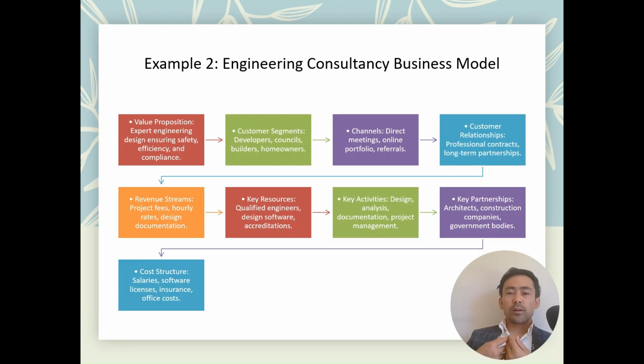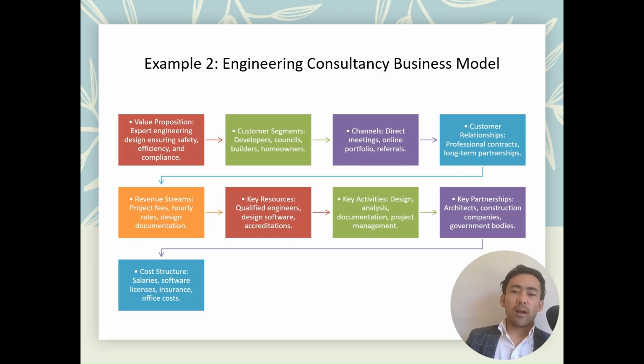The customer relationships that an engineering firm would have are, of course, professional contracts. There could be long-term partnerships with different customer segments. The revenue streams that an engineering firm would generate are, of course, project fees.